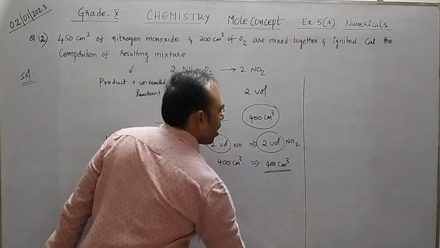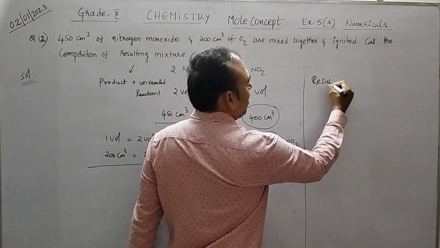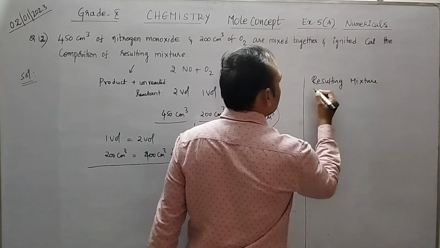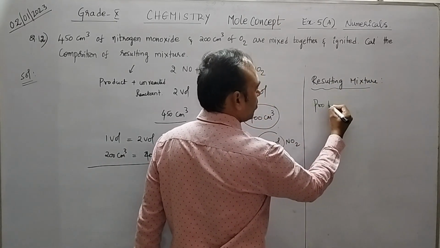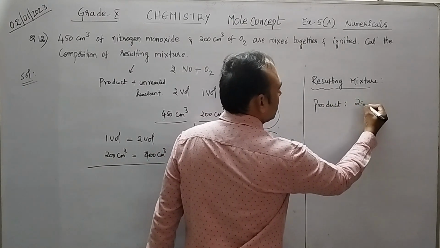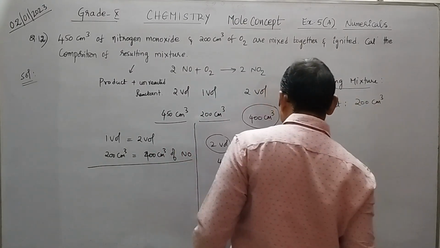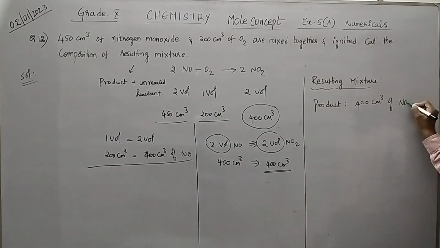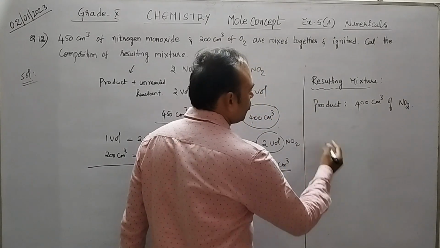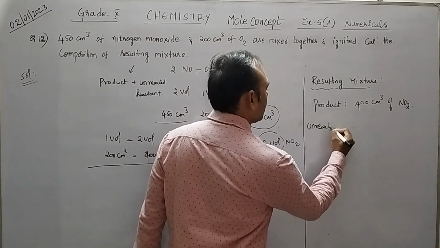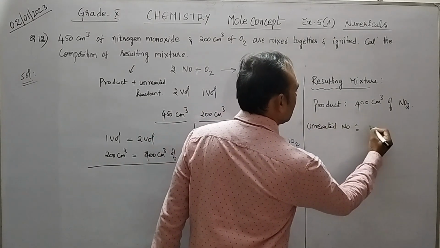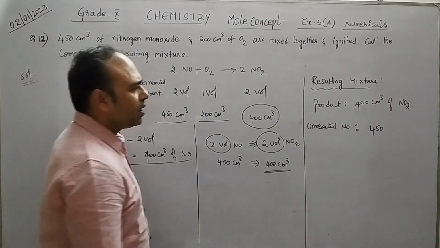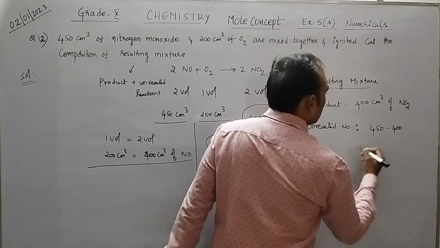So product is 400 centimeter cube. Next, what is the resulting mixture we have? In the resulting mixture, first and foremost thing is the product, that is 400 centimeter cube of NO2. Now unreacted NO, how much is left out? NO given is 450, and how much is reacted? 400.